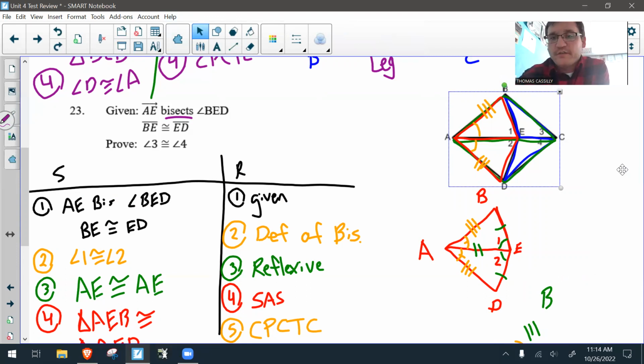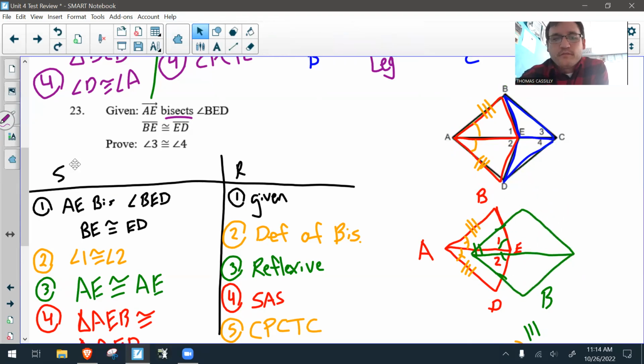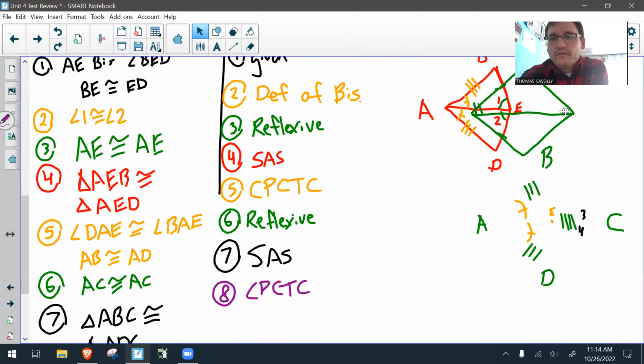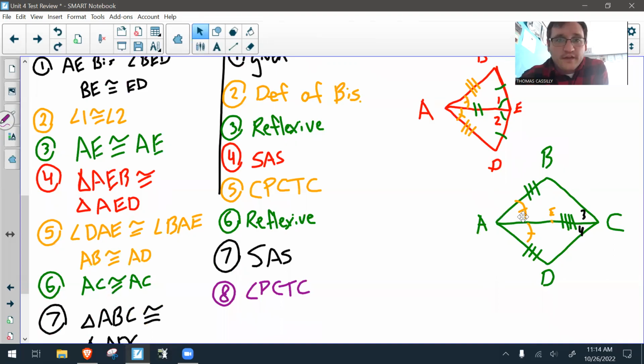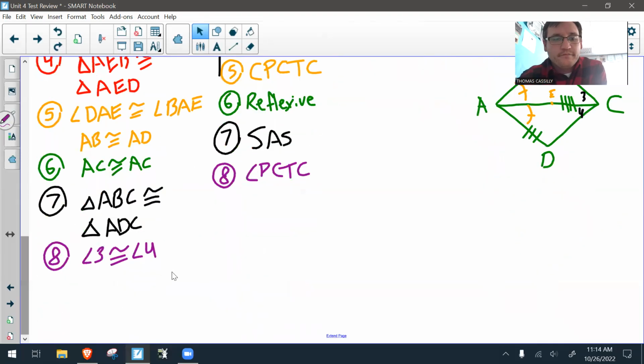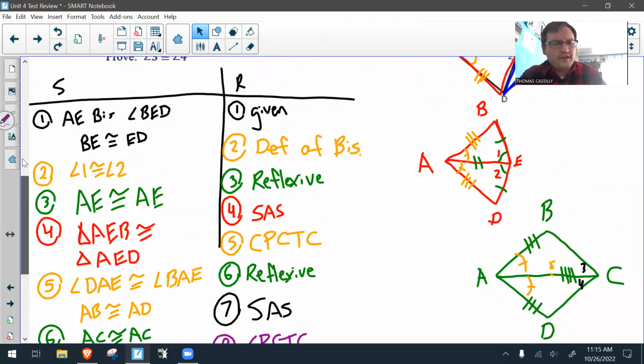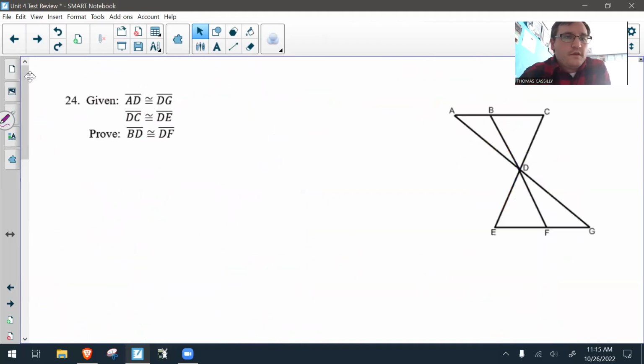And then we looked for the sides that the red triangle and the green triangle had in common, which was AB and AD. And then we had that reflexive side on the green triangle was congruent to itself. So we were able to grab that and get another SAS triangle. And then using CPCTC, we were able to say angle 3 and angle 4 were congruent by CPCTC. All right, and there we have it. So that was how we did number 23, that big long proof.